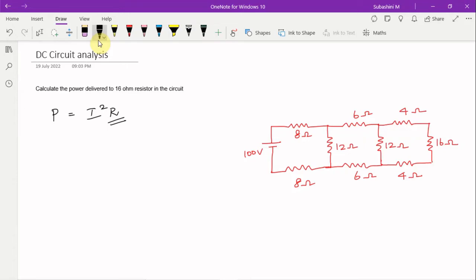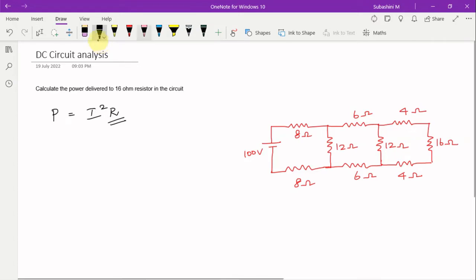For that, I am going to reduce the circuit and find the total current coming out of that 100 volt source. Then I will apply the voltage divider rule and current divider rule to find the final current reaching the 16 ohm resistor.